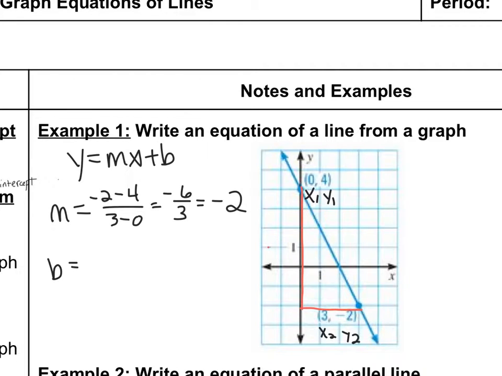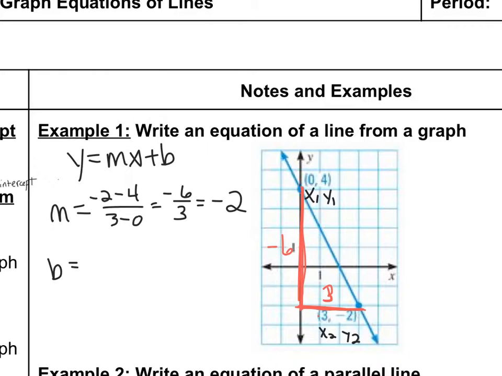We'll call that negative 6, and then we'll count ours going across. 1, 2, 3. We'll put our 3 there. And then again, it's rise, our vertical change, over run, which is our horizontal change. So we get negative 6 over 3 again, which equals negative 2. So there's two ways you can find the slope, the second generally only works when you have a graph.